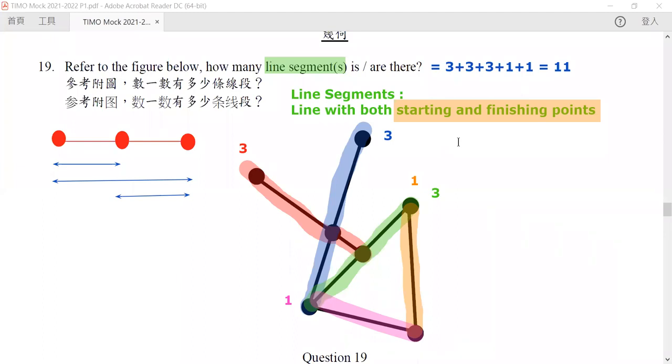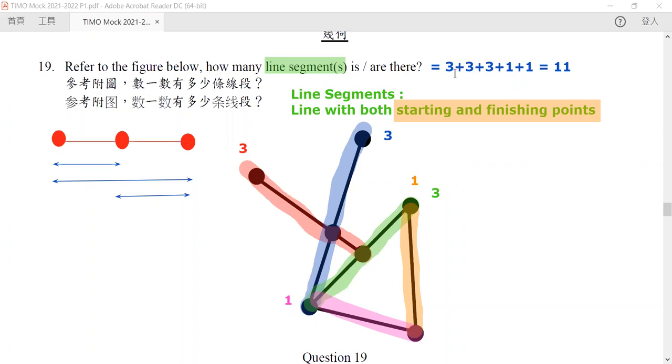If they have different starting points or different finishing points, they are considered different line segments, even if they are in the same direction, even if they are on the same line.